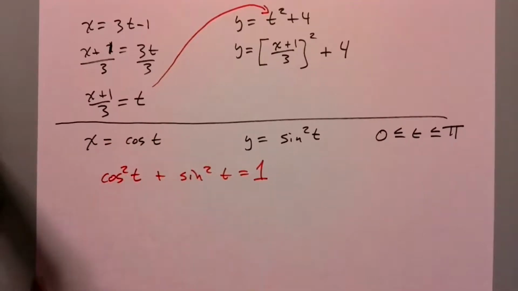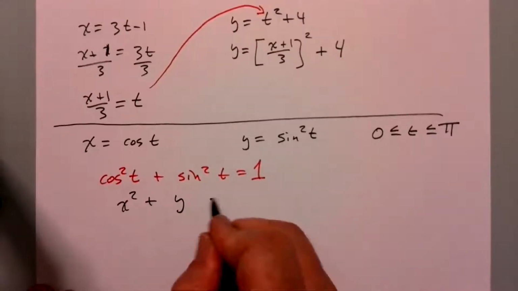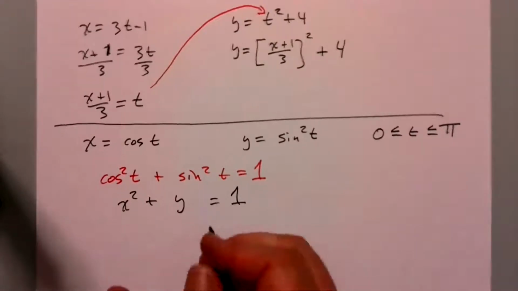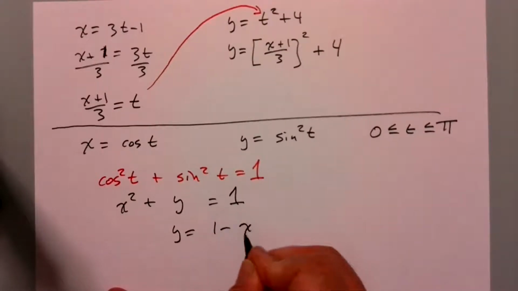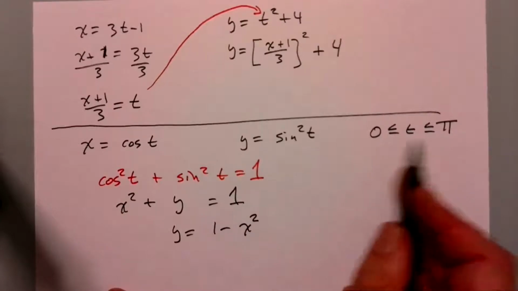So this first piece becomes x squared. Sine squared t is y. And I have successfully eliminated the parameter. That answer is fine. X squared plus y equals 1 would be a fine answer for this. But I could also go ahead and solve for y, and I could say y is 1 minus x squared. But again, only for the values where t goes from 0 to pi.